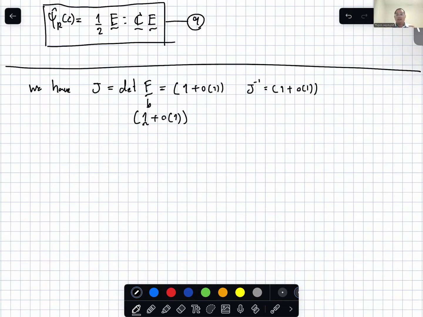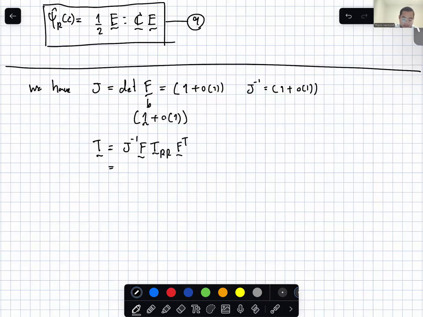And for the Cauchy stress tensor, we have the definition that it is equal to J inverse times F times the second Piola-Kirchhoff stress and F transpose.